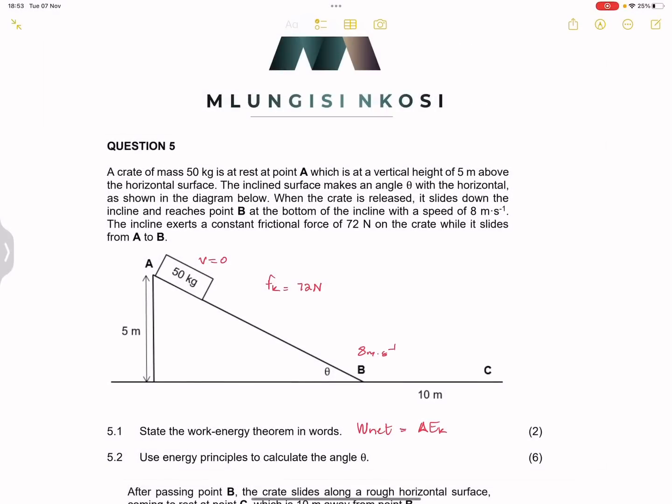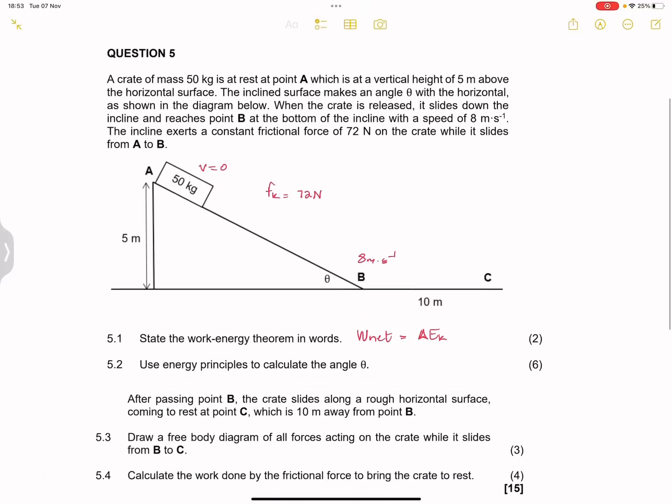They say use energy principles to calculate the angle theta. Now let's quickly have a look at what's happening in this scenario. First of all, we don't have any applied force. And secondly, we do have friction as it moves down the incline.